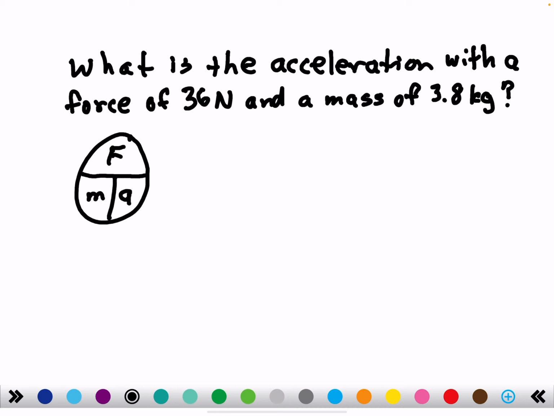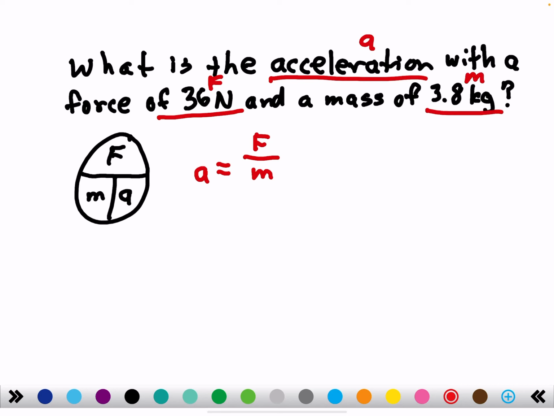F, M, and A. We're looking for acceleration because the problem says, what is acceleration? So we cover up A in the formula circle. We know acceleration equals force F divided by the mass M. Now force is always in newtons, so 36 newtons is the force. Mass is always measured in kilograms, so the mass is 3.8 kilograms. Now we just substitute those values into the formula.